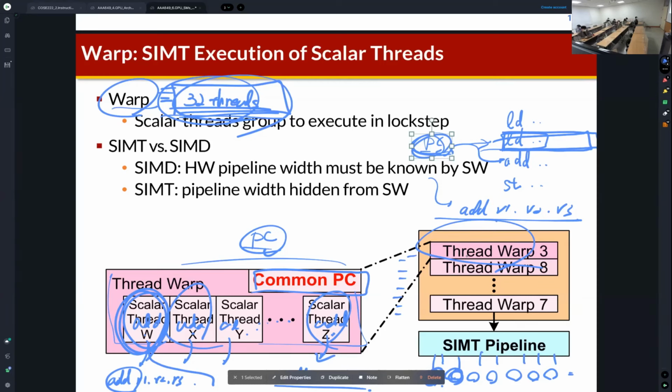The threads within a warp share the same instruction stream, the same instruction code. Especially, the warp shares the same program counter.